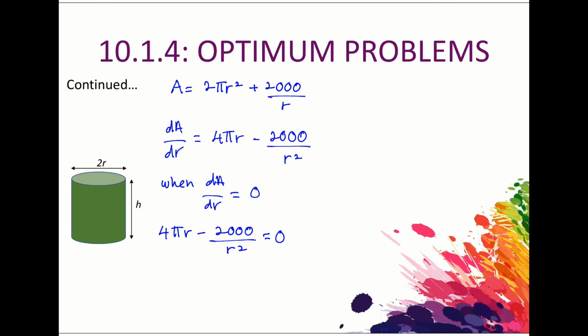Then we have that 4 pi r cube is equal to 2000. Just rearrange everything, and then finally we have r cube equals 500 over pi, and then r is equal to the cube root of 500 over pi.